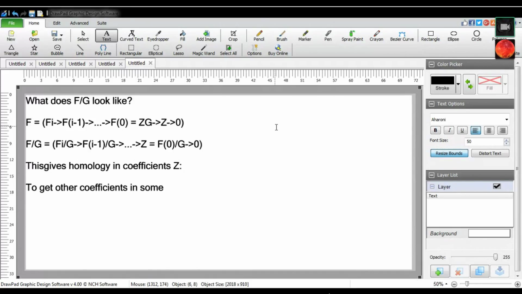In some G module M, for example, we do something else. We define the homology of G in this module M. We first tensor this chain complex with M, and then we divide the G action out of this. And this is what gets us the homology in coefficients M.